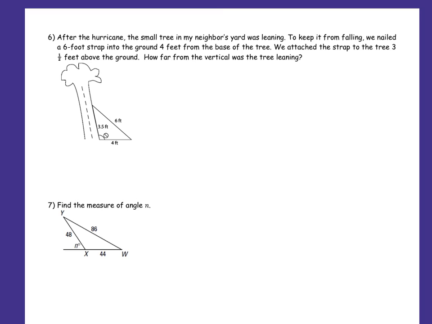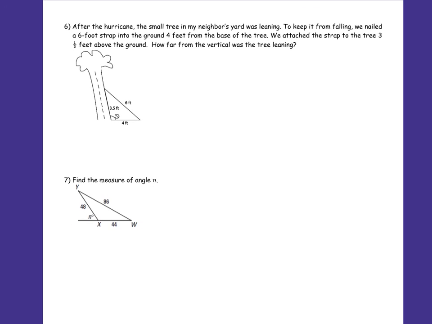Then we might as well go ahead and do number 7 also, which is to find the measure of angle N. Okay, here we go, guys. I need to find that angle theta. I'm going to cheat off my notes so I don't have to do the figuring again.